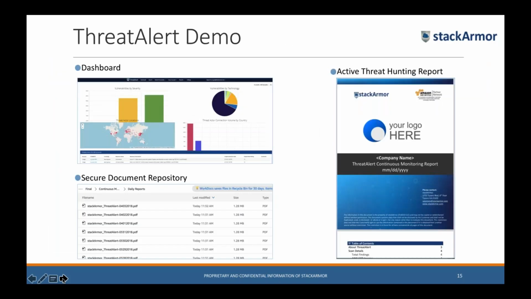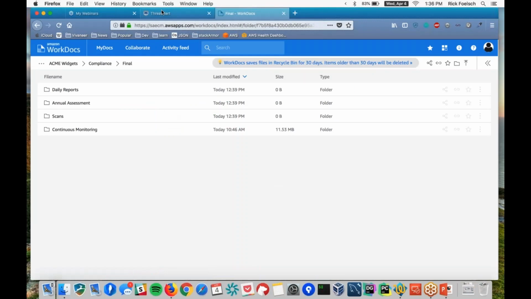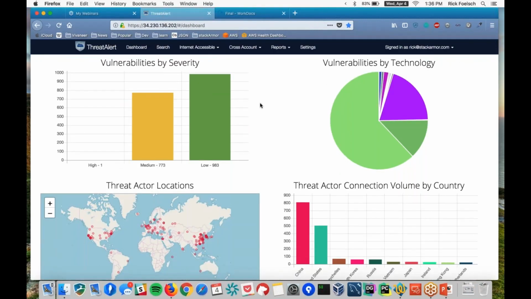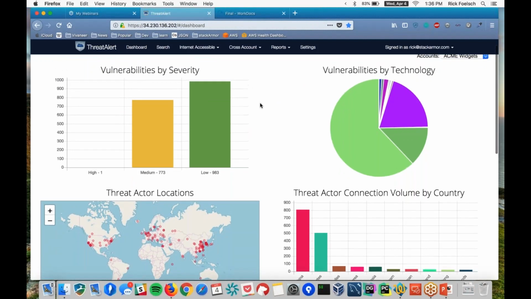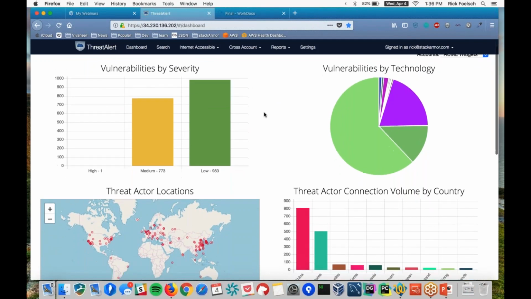So I'm going to take you around and show you a little bit of what ThreatAlert is, and we'll start with ThreatAlert itself. As you see, we have this dashboard, and this is really the heart of our electronic offering, and it's always updated.